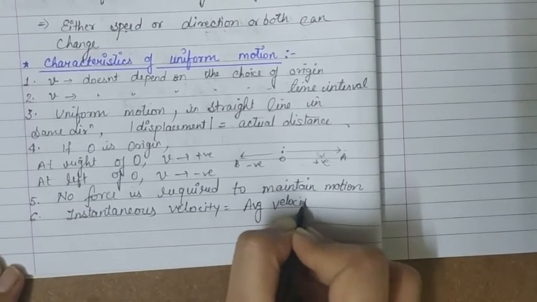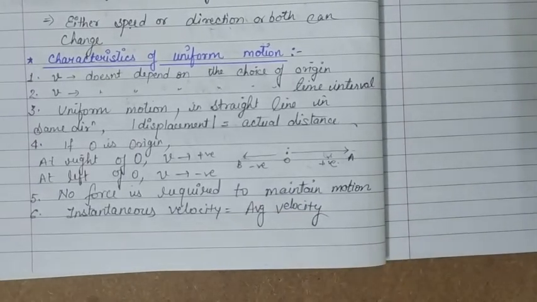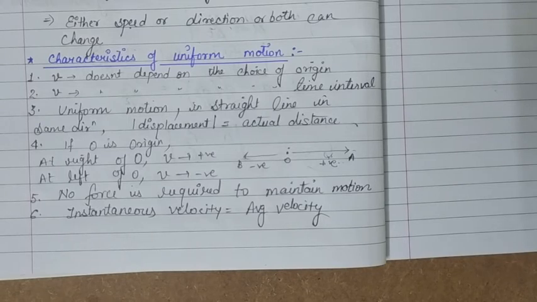This is true for all the instants, meaning at all times during the motion the velocity remains constant at each instant or at each point of the path, and that is equal to the average velocity of that motion. So instantaneous velocity is equal to average velocity in case of uniform motion. So these are the characteristics of uniform motion.